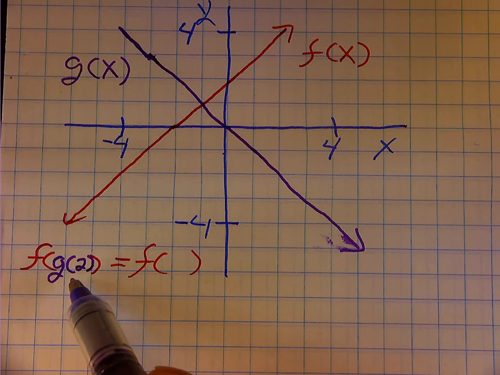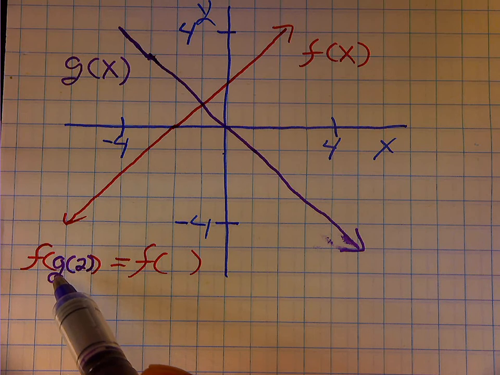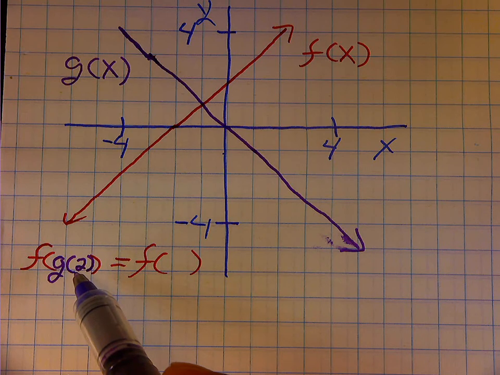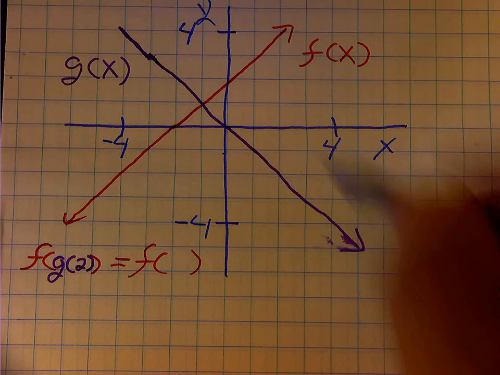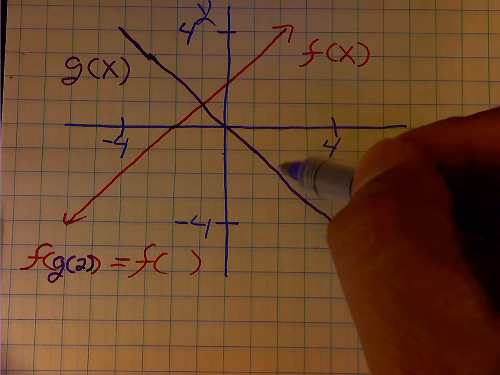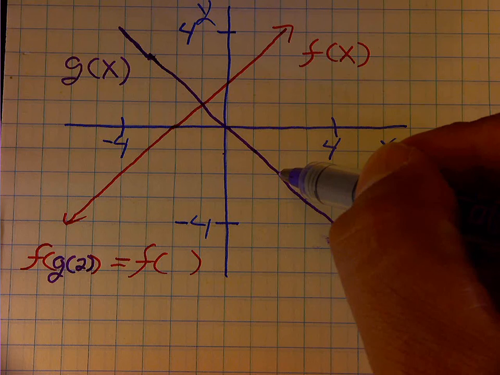I could interpret g of 2 as being the y value of g, or the output value of g, when I plug in the value 2. So I come over here to x equals 2, and y, it looks like it's going to be approximately negative 2.